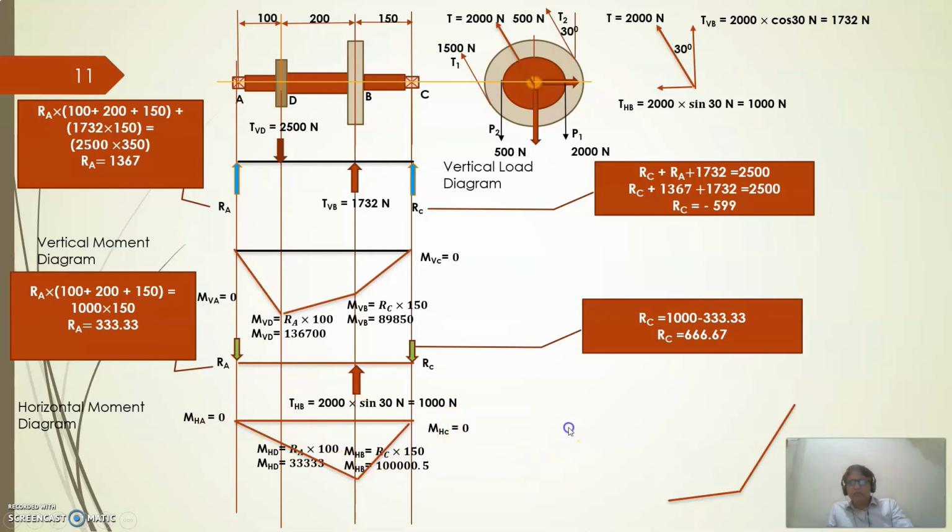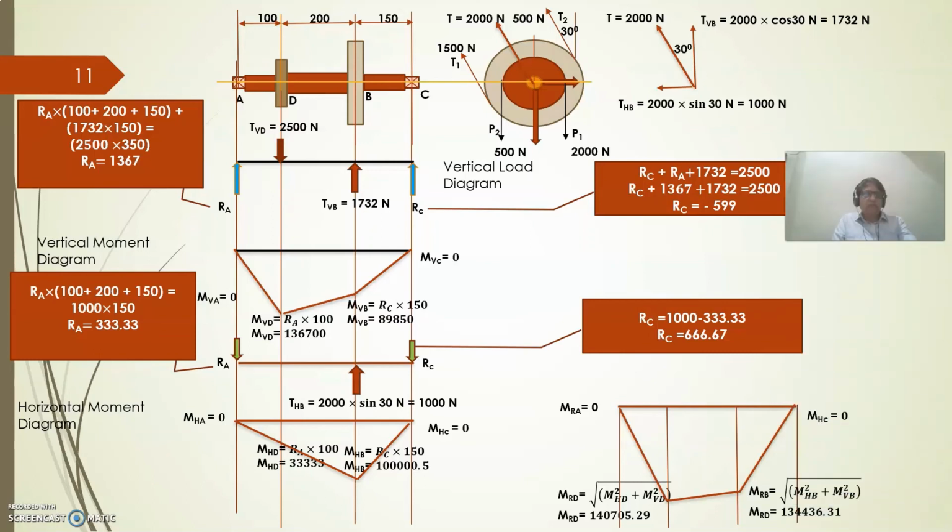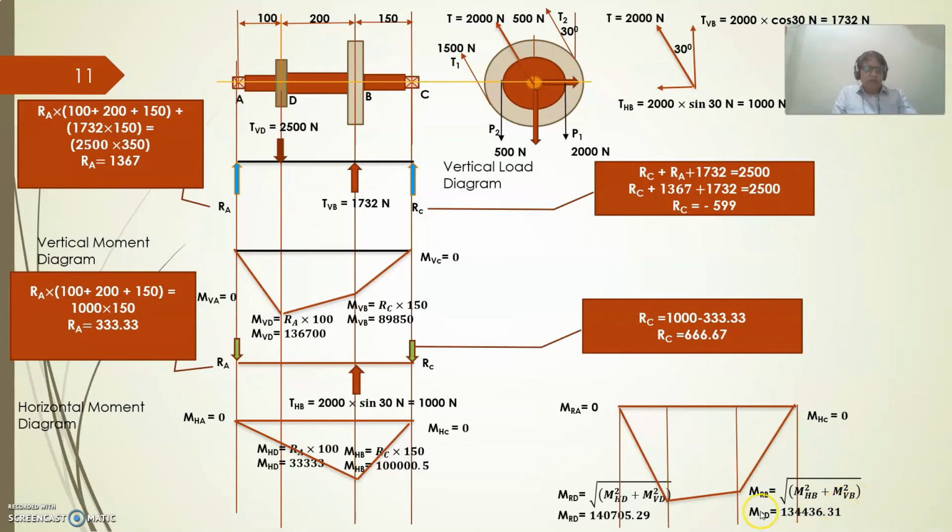So what is the resultant? You can draw the same thing, the resultant moment. I am not having any space here, that's why I have taken it on the right side. The same space I have taken, MR at A is 0, MR at D, MR at B. So MR at B is the square root of MHB square plus MVB square.